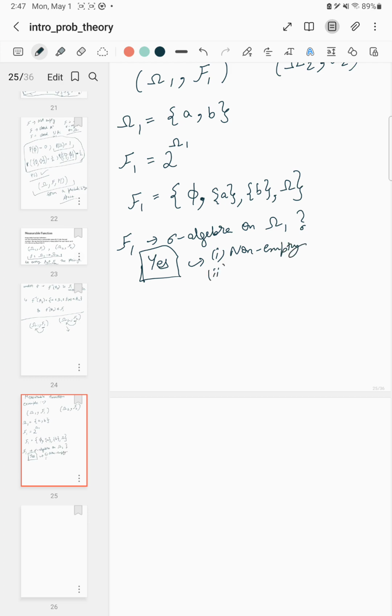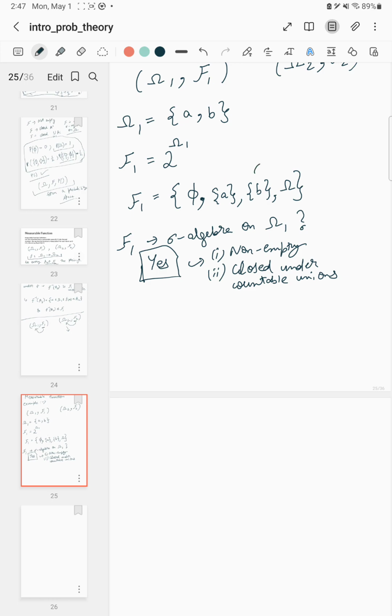The second condition of being a sigma algebra is that it should be closed under countable union. So if you take union of any of these two sets, it should also be present in f1. So take the union of, let's say, anything with phi, the null set, it would be that set itself, and this is present in f1.